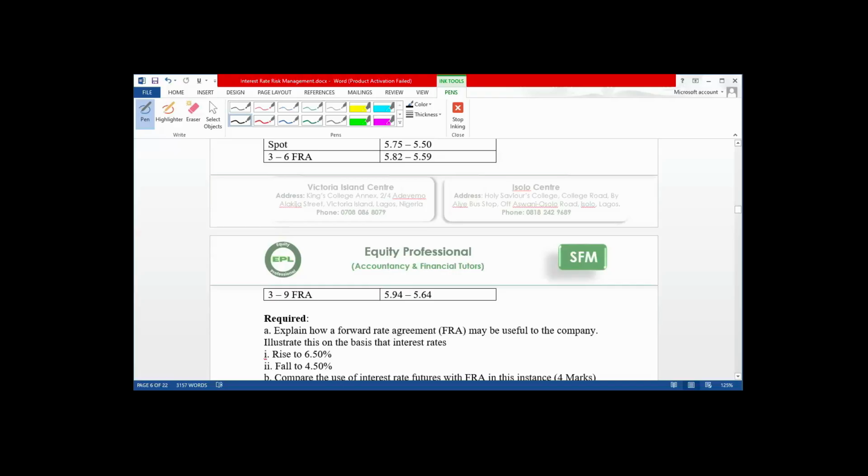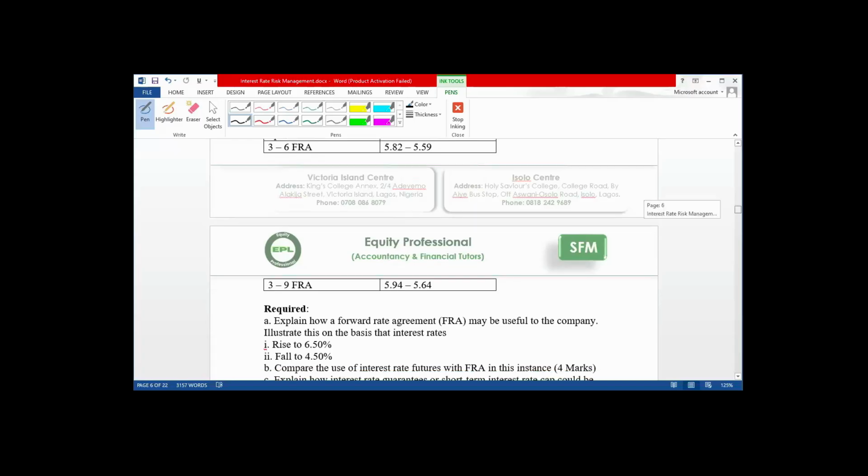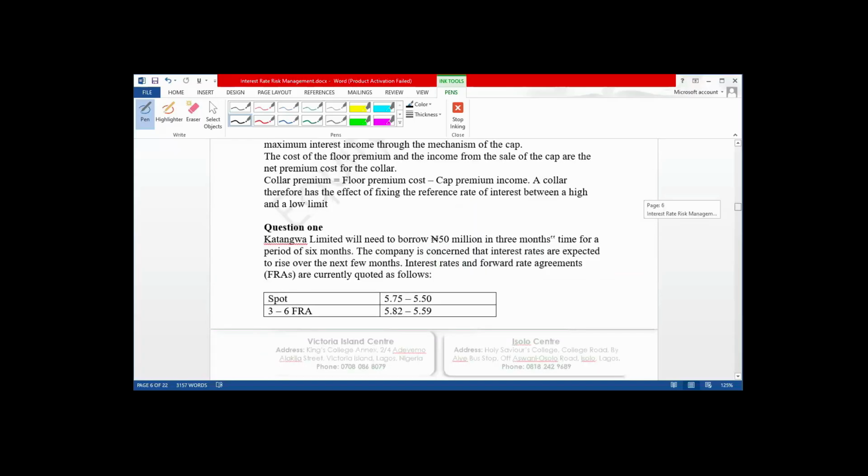Let us try to explain the question. Our company, Katangwa Limited, needs to borrow 50 million naira in 3 months' time for a period of 6 months. That means in 3 months' time, we are going to borrow for 6 months.